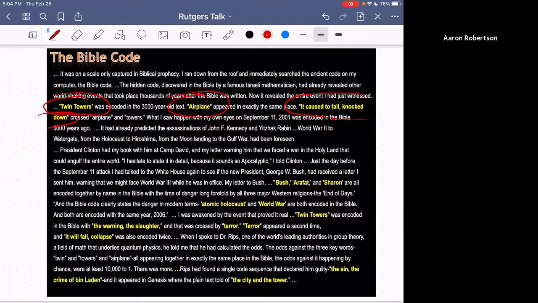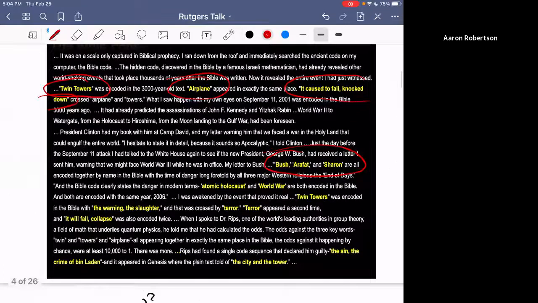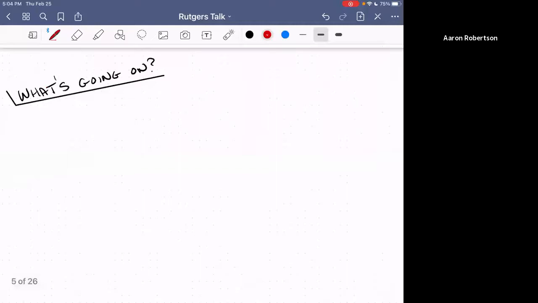And then he finds other words, Bush, Arafat, Sharon, all in the Bible. And so he claims that the Bible already had these in there. It is true that these are in fact in the Bible. That's not the disputed part. And so the question is, what's going on?